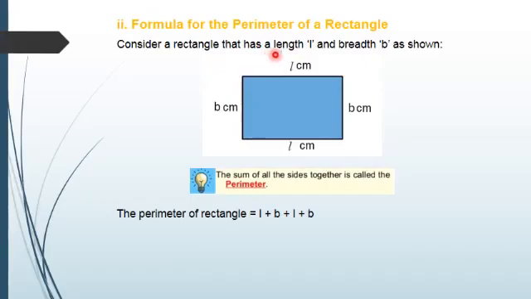So, the perimeter of the rectangle will be equal to L plus B plus L plus B. In order to make it simpler, we will write the similar terms together as L plus L plus B plus B. That will be equal to 2 times L plus 2 times B. Now 2 is in both terms, so we will take it outside and that will be equal to 2 times length plus breadth. So the formula for the perimeter of a rectangle is 2 times (L plus B).